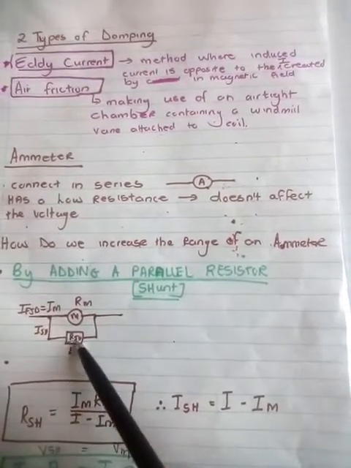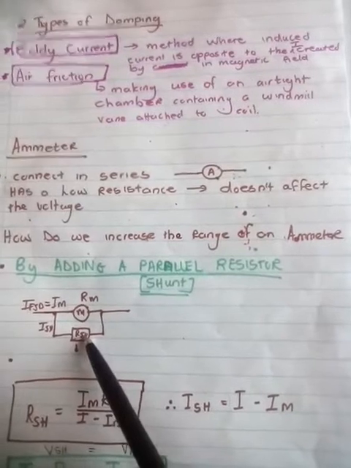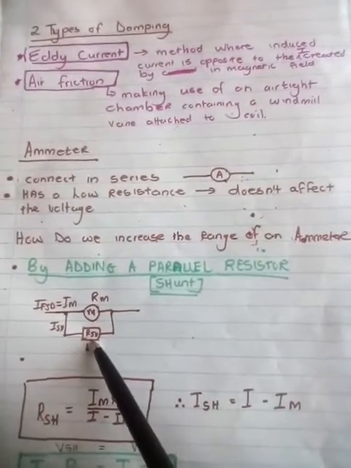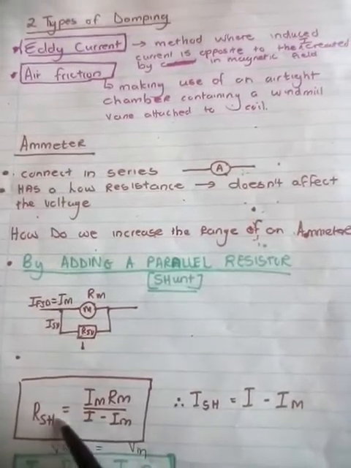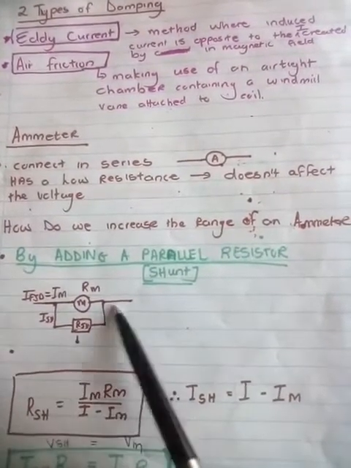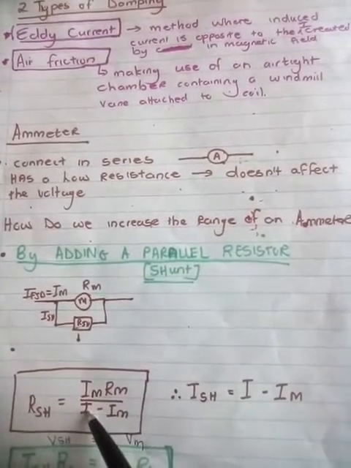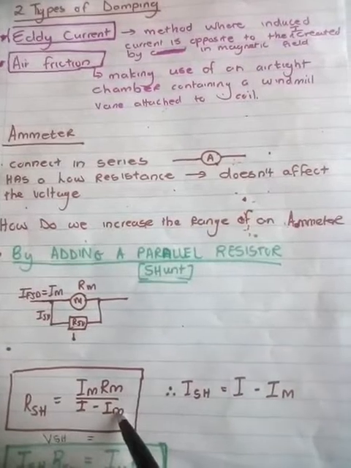So there is a resistor in parallel. That represents the meter, and that is the resistor that you add. When you add it in parallel, there is a formula. Call that the shunt resistor. The current to the meter, IM, is the full scale current. That is the resistance of the meter, Rm, and that is the current to the meter.